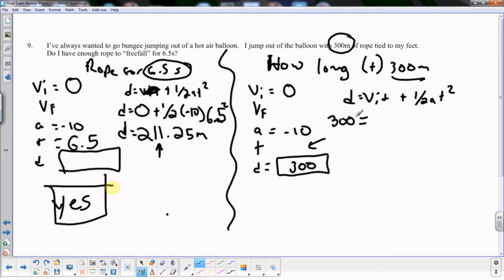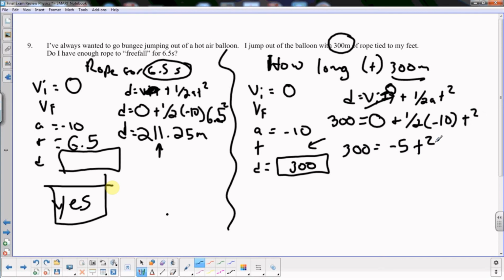Vi is 0, so that term is going to be 0, plus 1/2 negative 10 t squared. This time we're solving for that time. So I've got 300 meters of rope. How long am I going to free fall for? Let's find out. 300 meters equals negative 5 t squared, I just took 1/2 negative 10 and brought down the t squared.